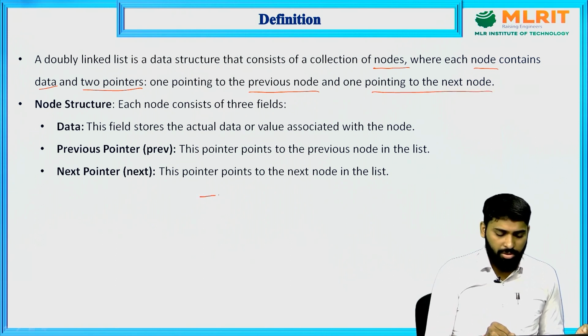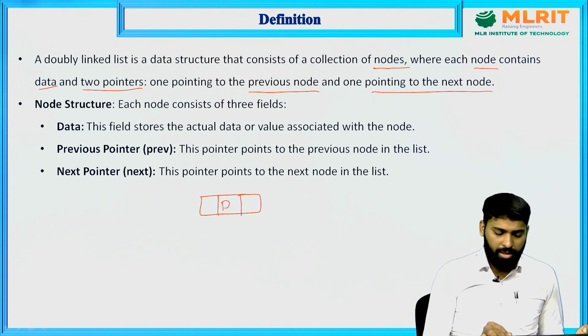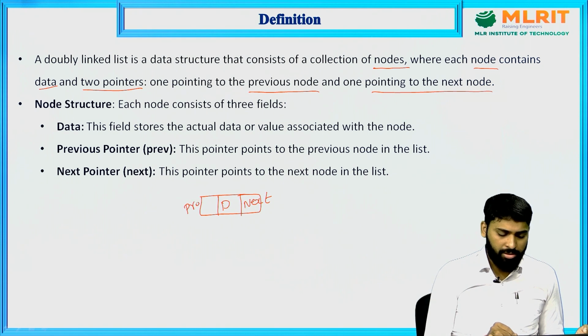So this is the node. This node contains three parts. One represents data, the second represents next node address, and another one we use to store previous node address.